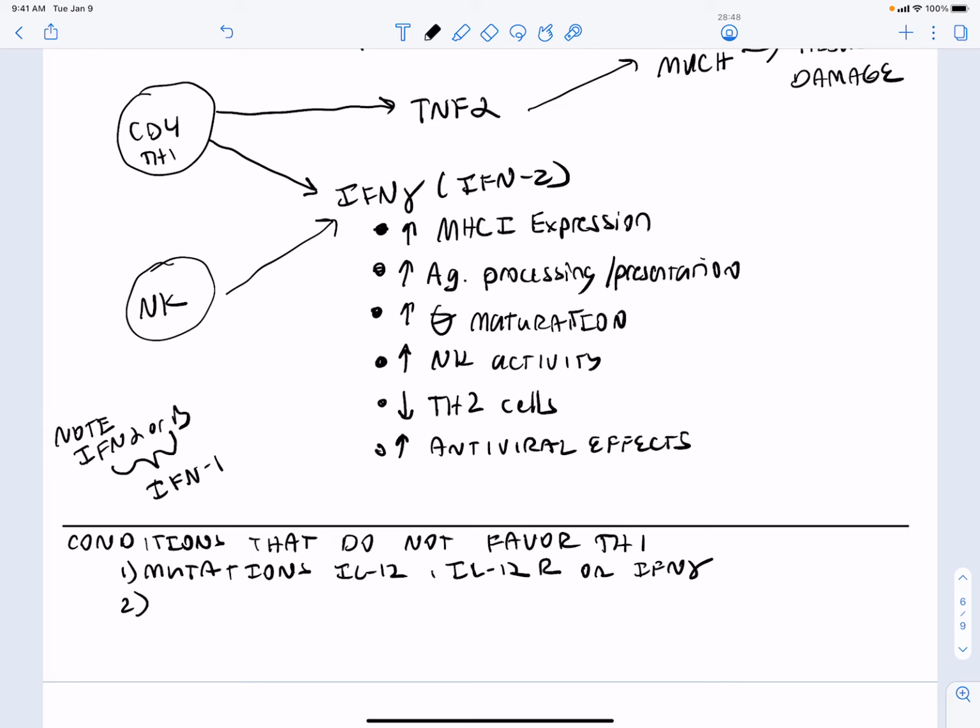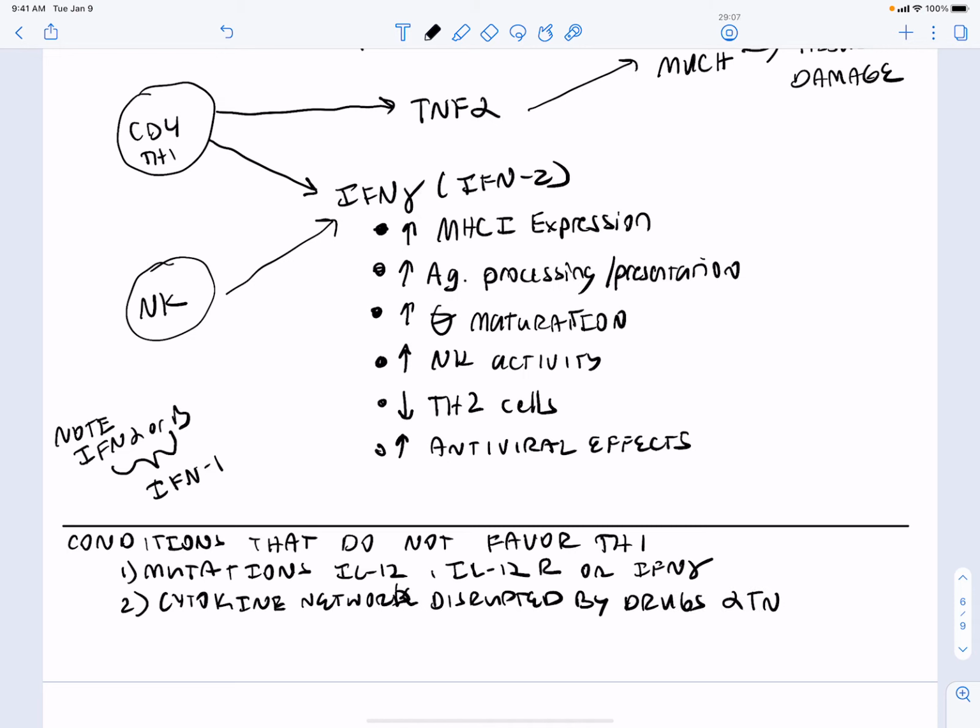Second is that your cytokine network is disrupted by drugs. One common one is anti-TNF alpha. So TNF alpha is a Th1 type of cytokine.